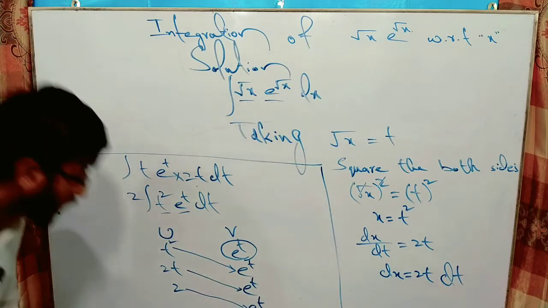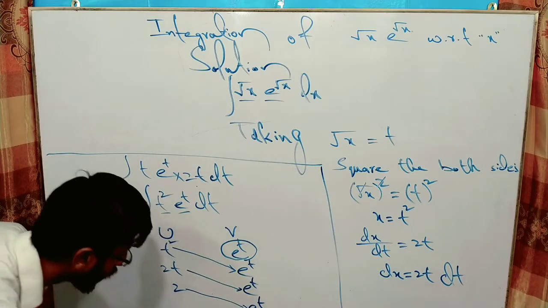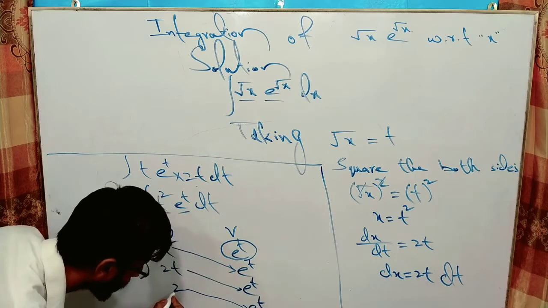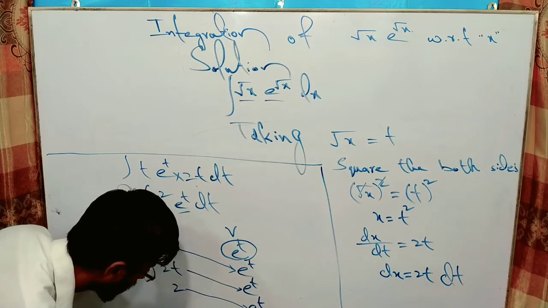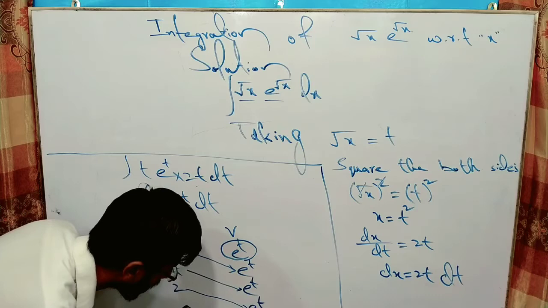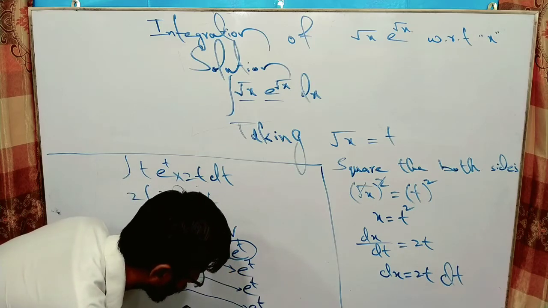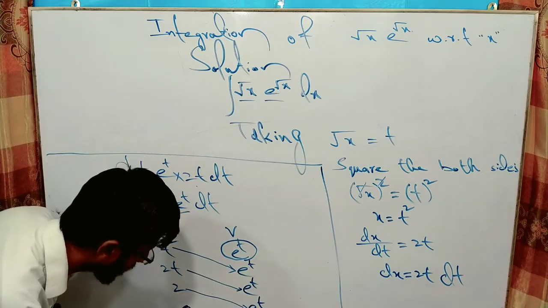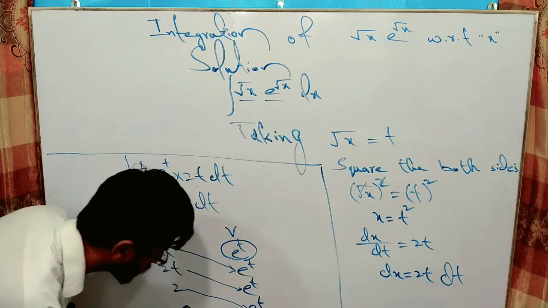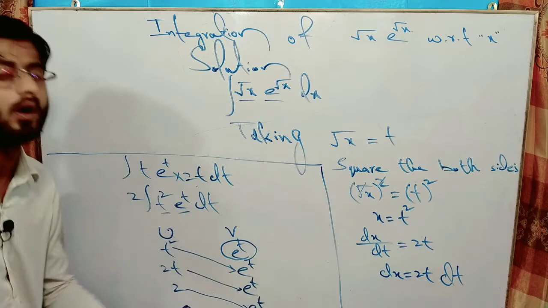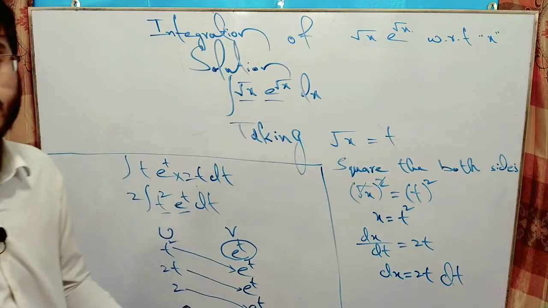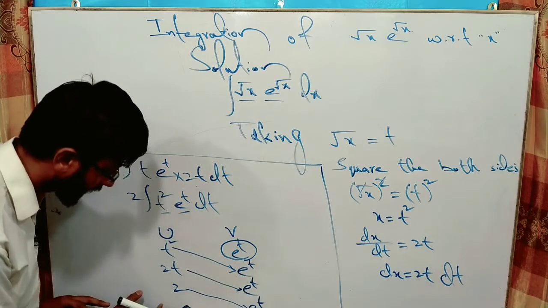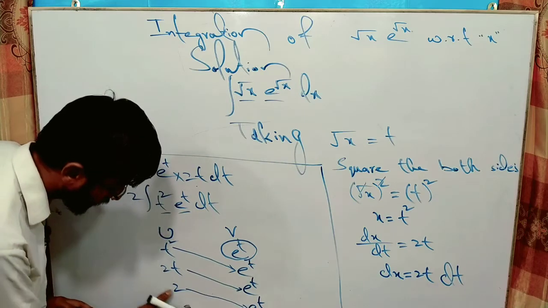If we move one step further, if we differentiate 2, it will be 0. If we integrate that function, it will be e to the t, and we multiply 0 with e to the t, so the next step will be 0. Therefore we do not differentiate beyond 0.